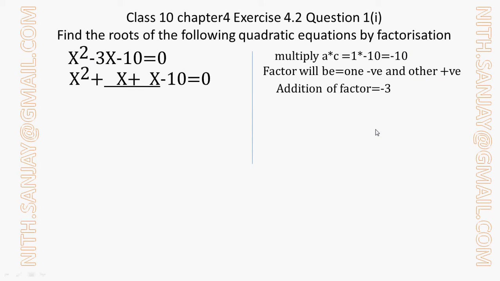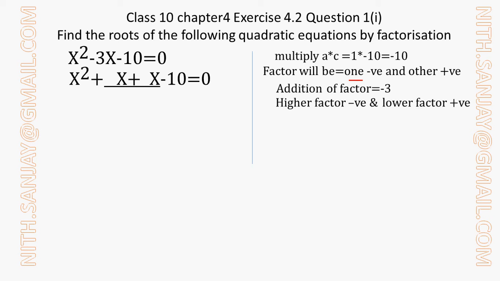Next what I will do is the addition of those two factors, that should be equal to minus 3, this middle term. Okay, so from here again it is very clear that the higher factor will be negative and lower factor will be positive. Why? Because I have two conditions. One is the multiplication should be negative.